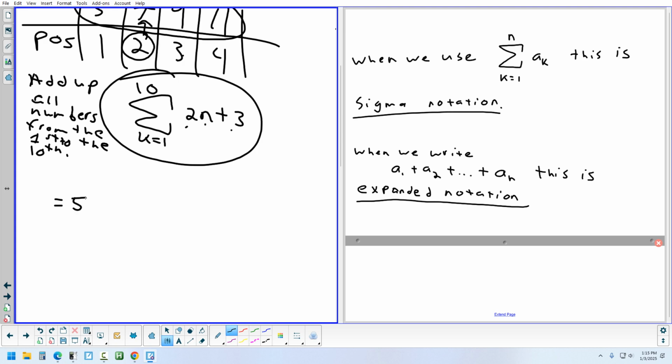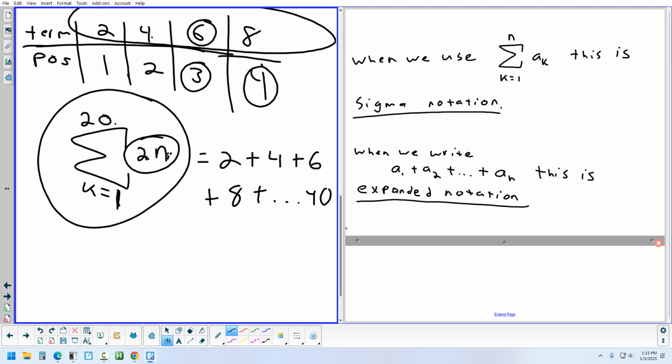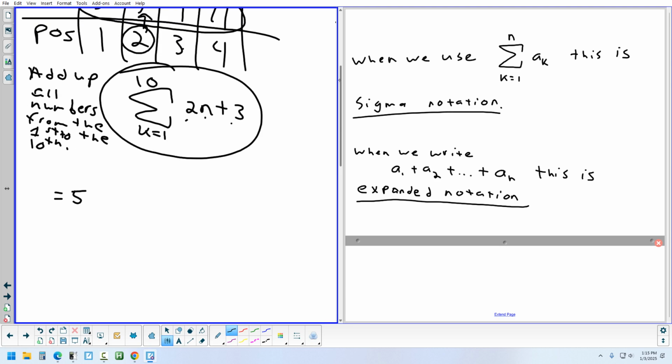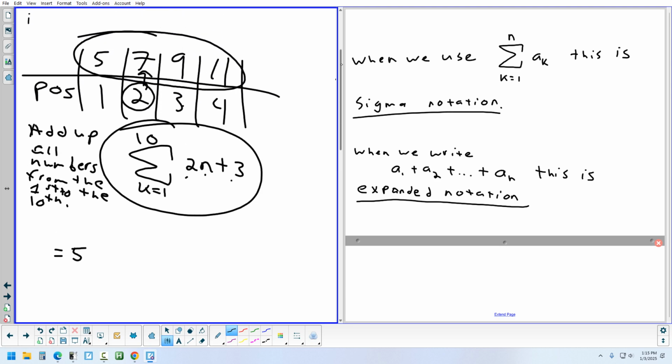Okay, so that's my first one. And does that match up with the first term that they gave me? Yes. Right there, 5. Yep. Okay. Now let's go to 2. How about, Brett, what if I plug in 2 for n? 7. I get 7. Does that match up with the term they gave me? Yeah, so then this formula is right.